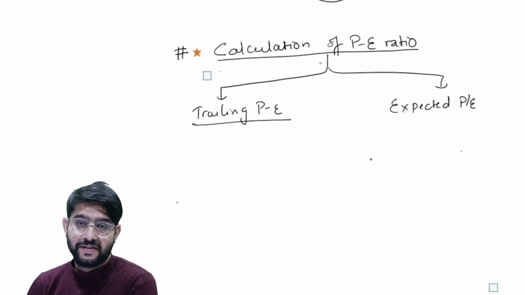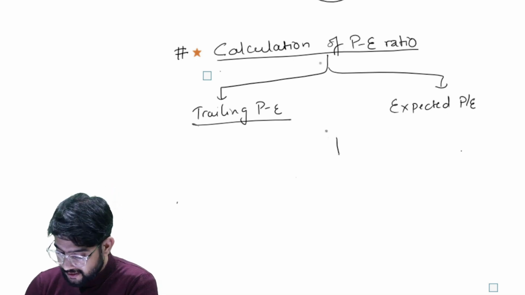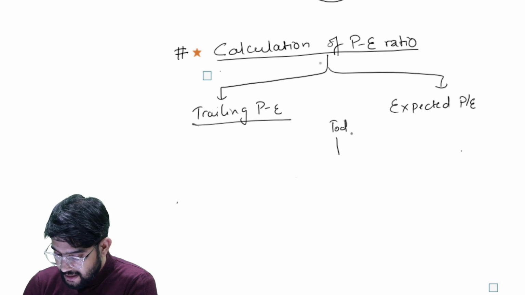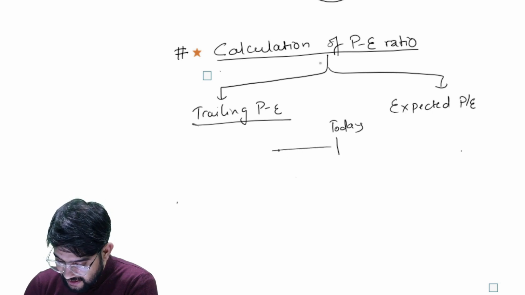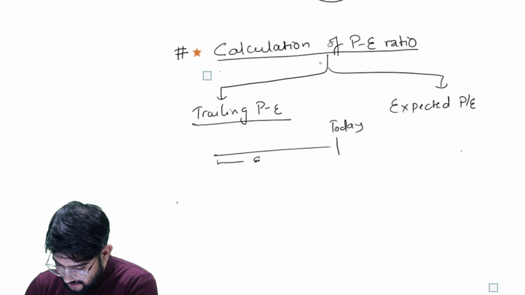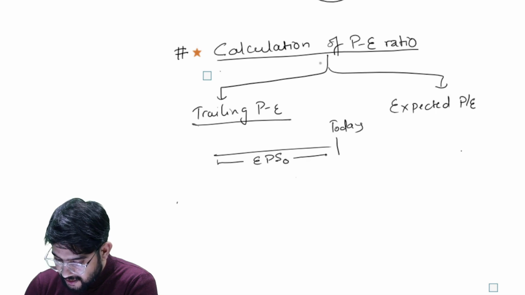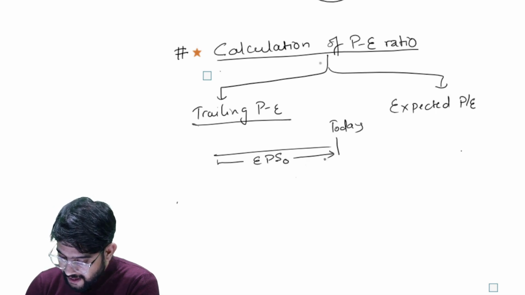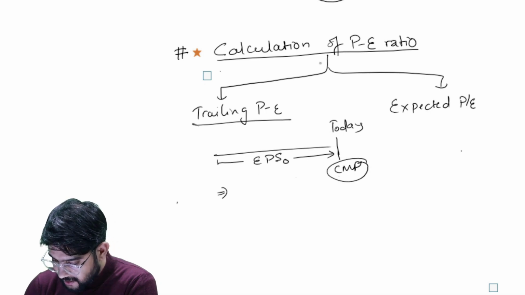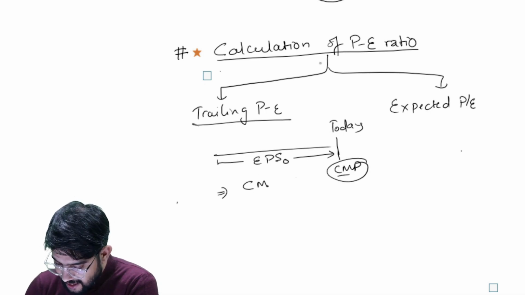So if we are here, this is today, and if you take last year's EPS, let's say this is EPS 0, and this is the current market price, it will be CMP divided by EPS 0.